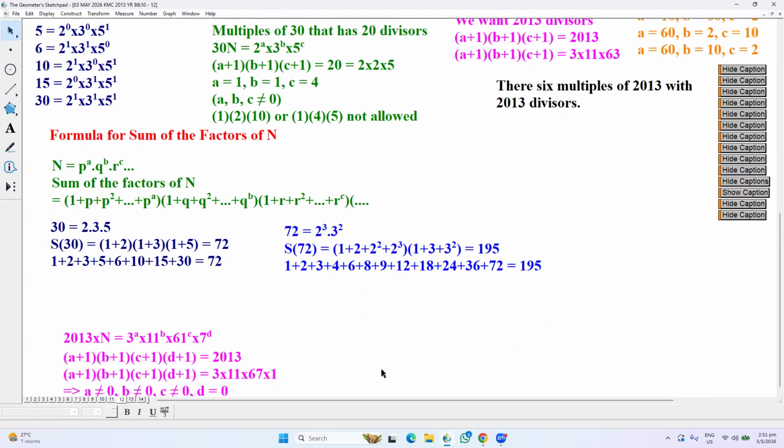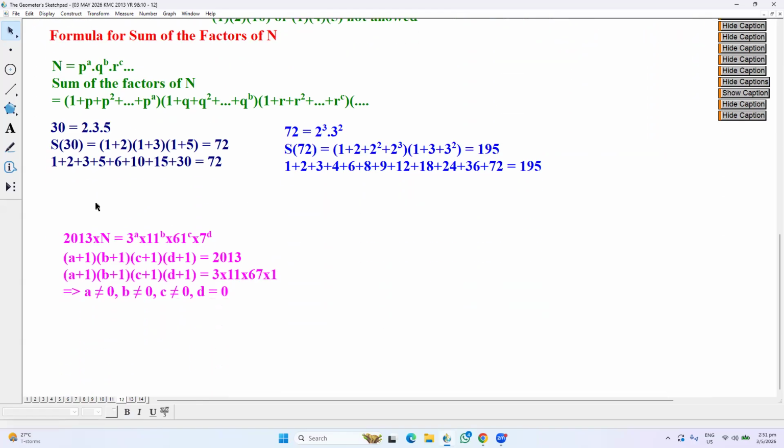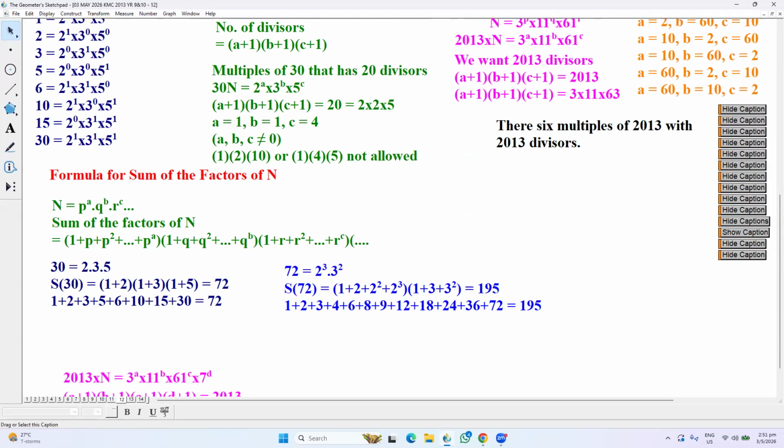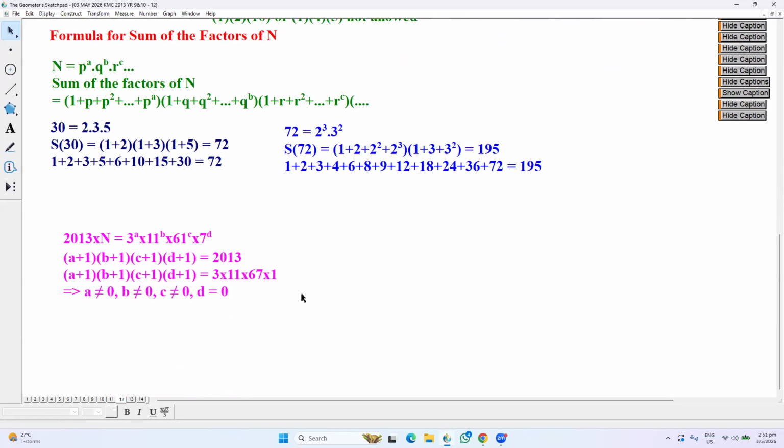Okay. Just now I said, if we try to be funny, n is a multiple and may have some other prime factor. Why do we only choose 3, 11, and 61 in the solution? I can add multiples, I can have other numbers. There's another thing we want to study. The number of divisors must be 2013, but 2013 is not any number.